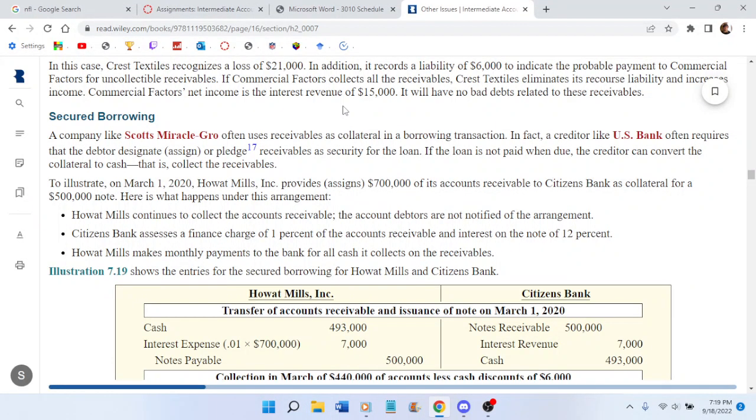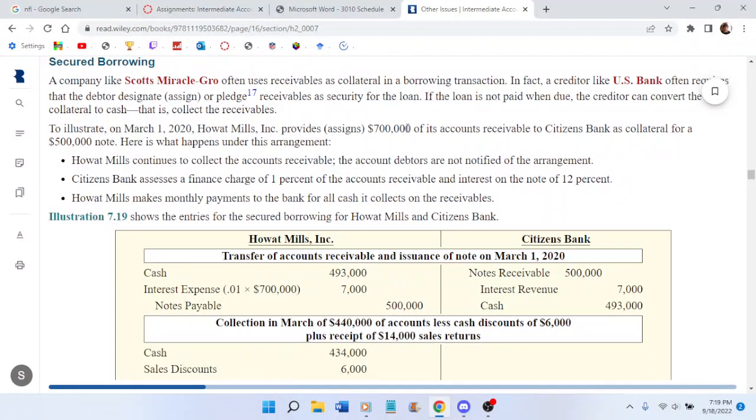What does this mean? Okay, so basically, the bank lent $500,000 to Howard Mills Incorporated.